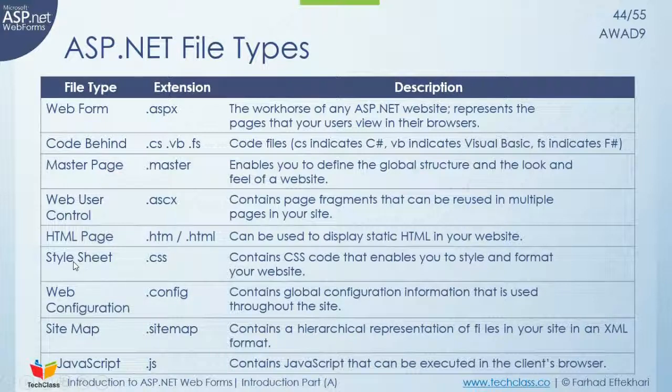If you're using CSS and style sheets, then the extension is CSS. For web config file, the extension is .config. And also if you're using a sitemap, then the extension is sitemap, and for JavaScript files, it is .js. So they are the most common extensions, and there's a full description for each of them.